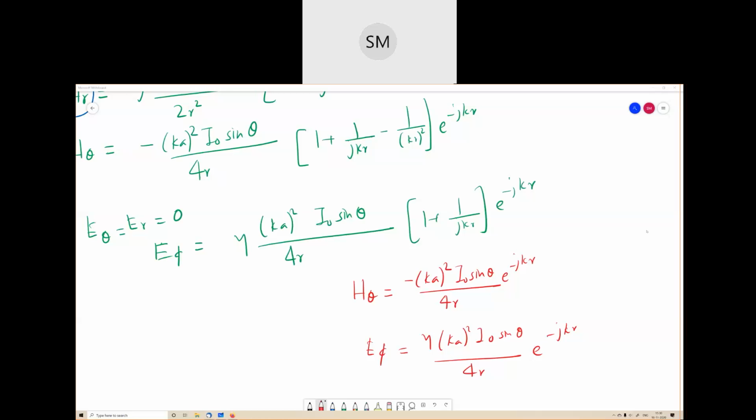Can anyone tell me the directivity of this antenna? What will be the directivity of this antenna? It has a sin theta pattern, so what will be the directivity? Pankaj, please mute your microphone.